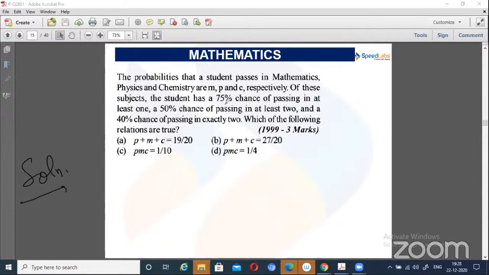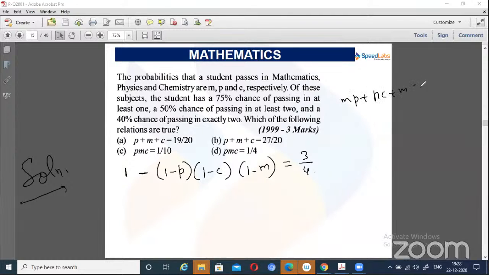Okay, so a student passing in at least one is the same as 1 minus a student passes in none, right? So (1 minus P) into (1 minus C) into (1 minus M) is equal to 1 by 4, so 1 minus that is 3 by 4, right? A 50% chance of passing in at least two. Passing in at least two means MP plus PC plus MC plus MPC, that is equal to half.